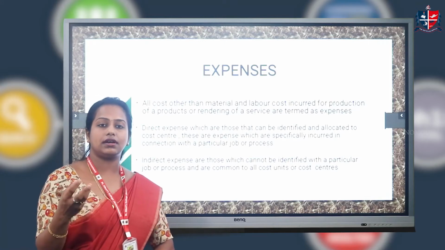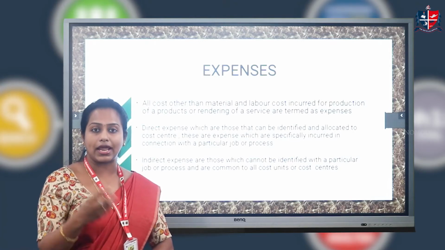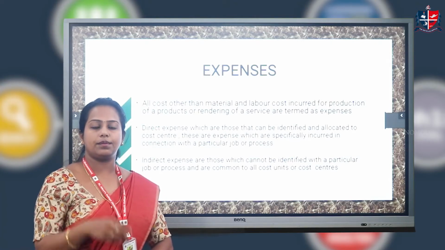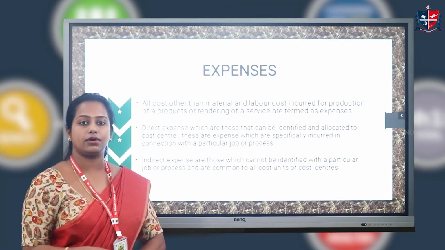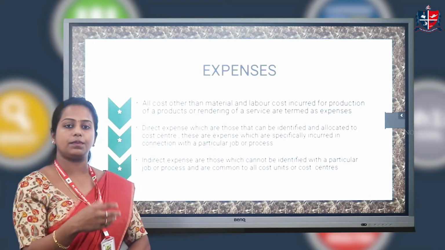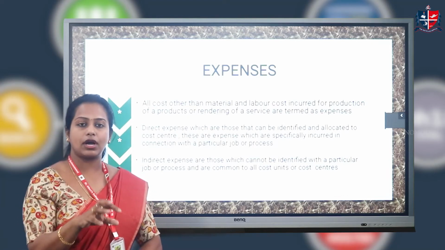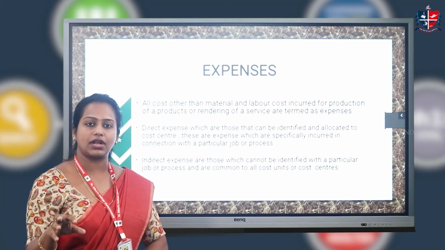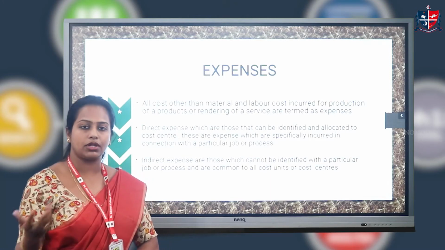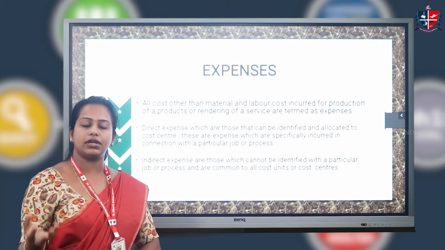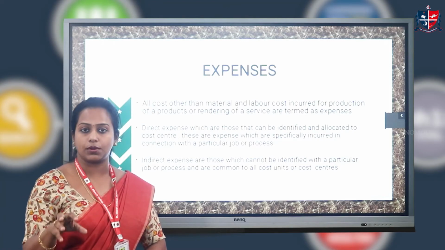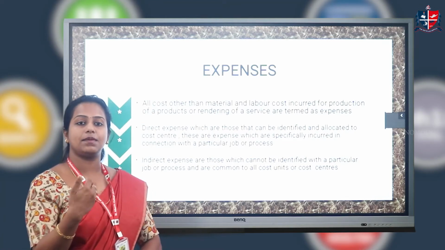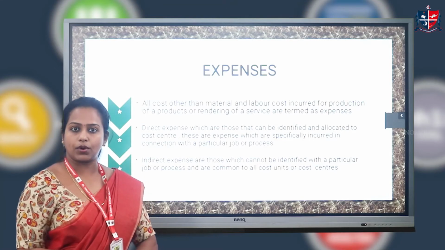These hire charges or the rent for that particular equipment can be allocated to a particular product or process, because to complete that production activity, job, or process, we require the hiring of a particular piece of equipment. So those expenses can be added to that particular product.